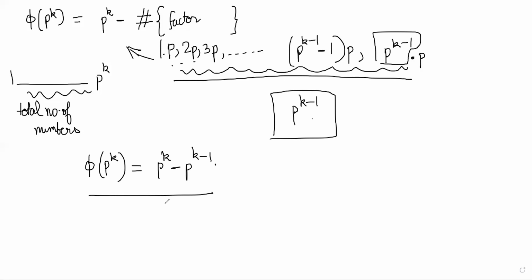So that is our second result. The first result was phi of p is p minus 1. Now you can find phi of 2401, for example. Check the prime factorization of 2401.